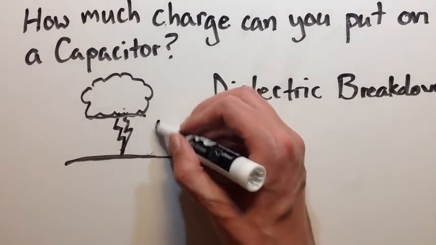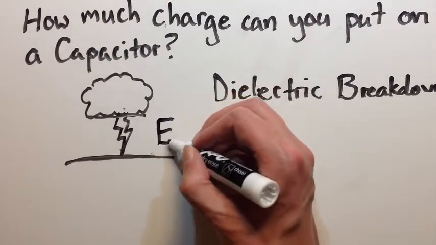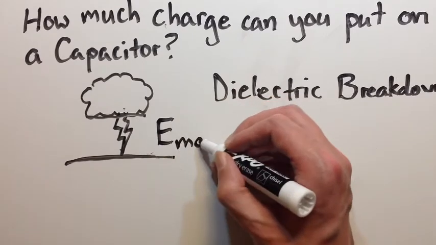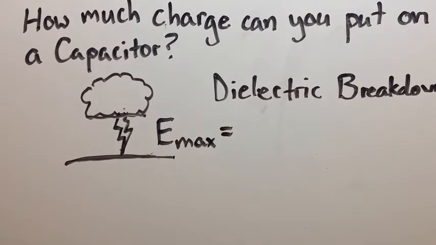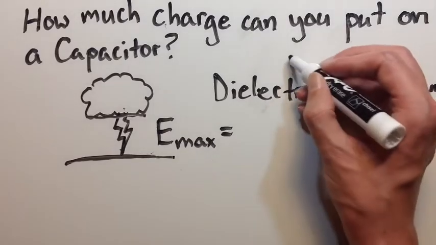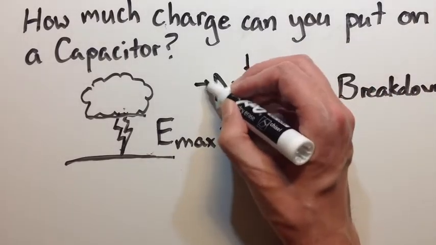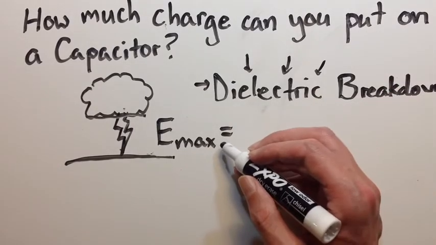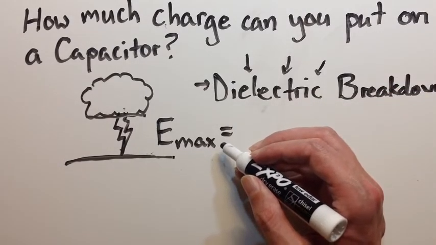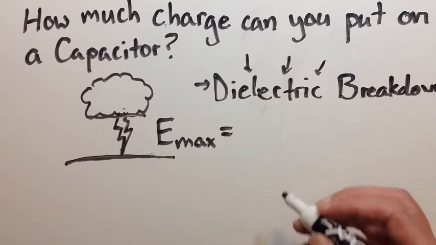Well, the reason it occurs is because there is a limit on the value that the electric field can be in between the two plates of your capacitor. Now, what that value is depends on what exactly the dielectric is, because if you have a great dielectric, then this is going to be a huge value. But if you've got a crappy dielectric, then it'll be some small, dinky little value.